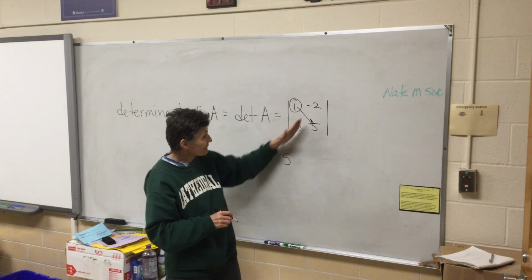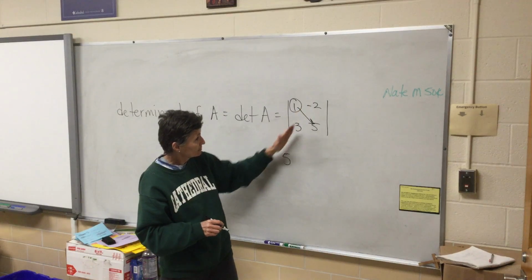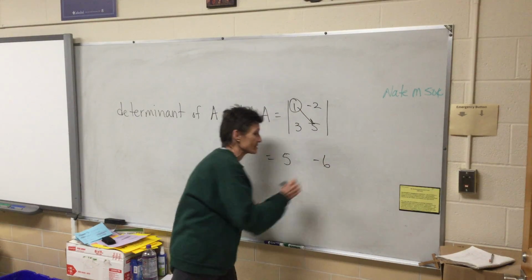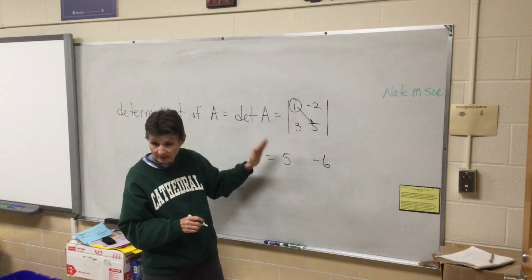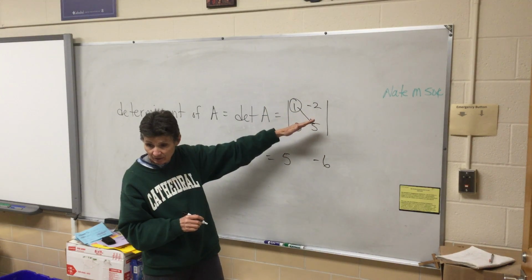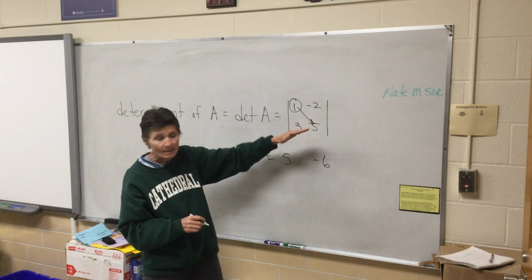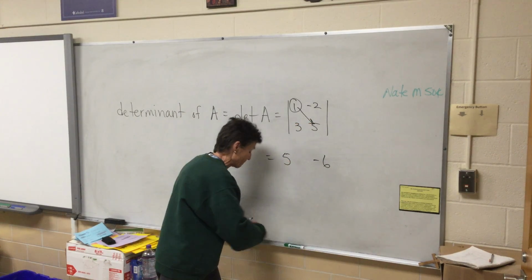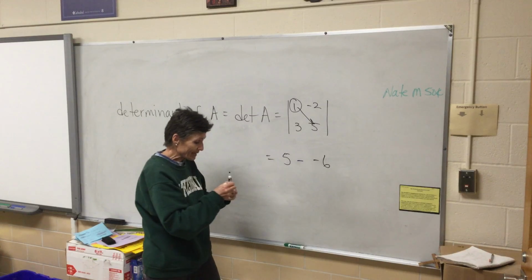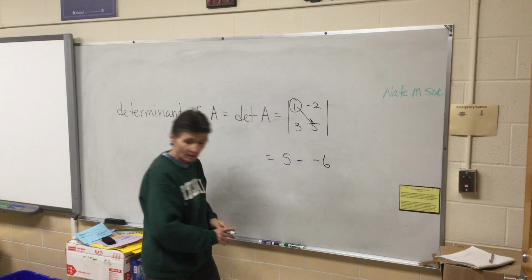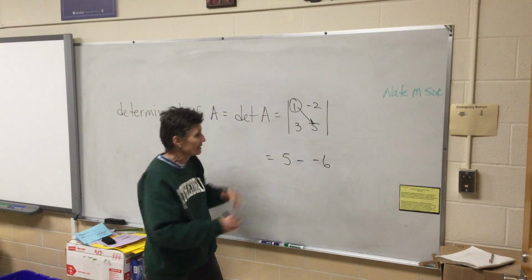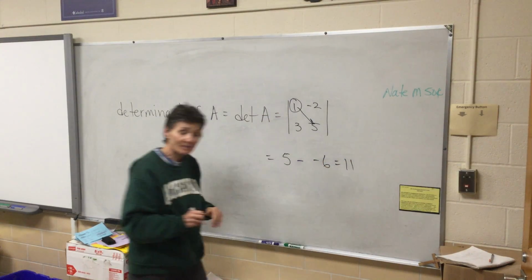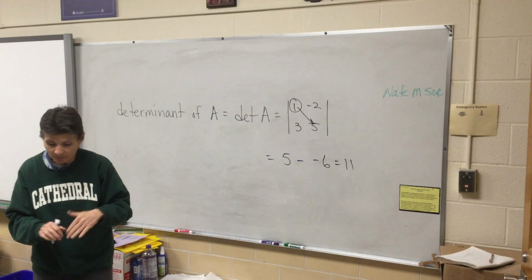And then we multiply these together, so we get negative 6. Everybody with me so far? I got 5 on this diagonal, negative 6 on this diagonal, and it's always that order because now I'm going to subtract them. So I have to do it in the right order or I'll get the wrong answer. So it's 5 minus negative 6. So the value of that determinant is simply 11.